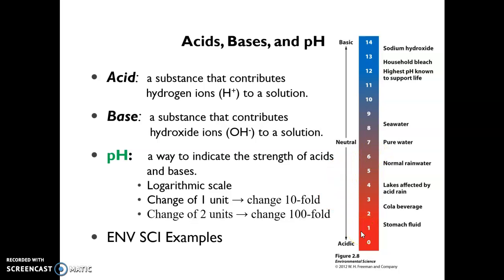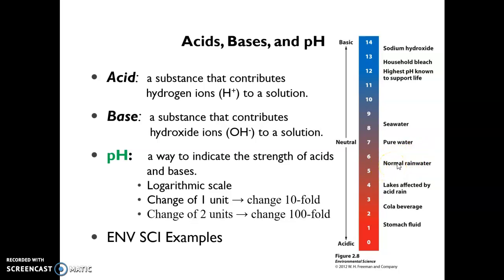Let's see, environmental science examples. Well, there's one right here, and that's acid rain. So pure water may have a pH of 7. Normal rainwater is slightly acidic, about maybe a little less than 6, and that's because it has certain materials dissolved in it, which make it slightly acidic, but that's normal.